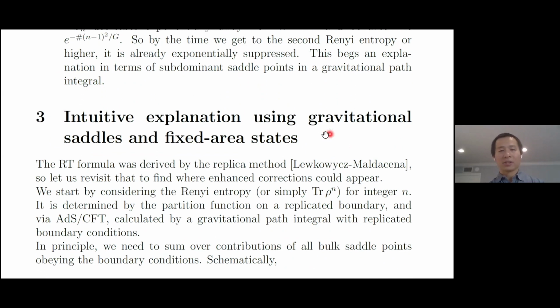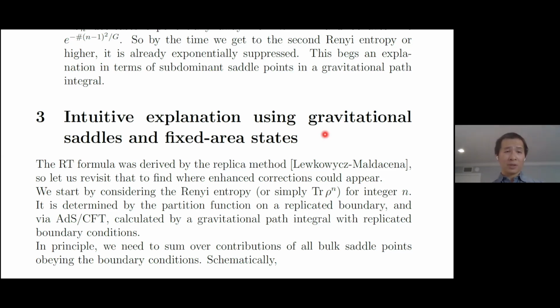Before presenting details of a tractable example where we can derive this, I'd like to present some intuitive explanation, which is perhaps not completely precise at this stage, but it will be confirmed by the example that we're going to do later.